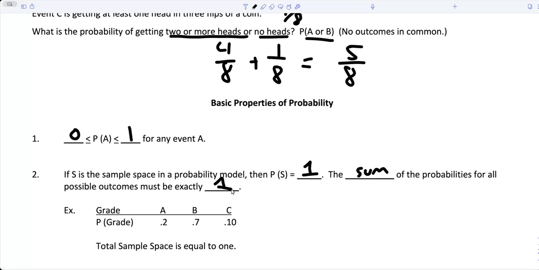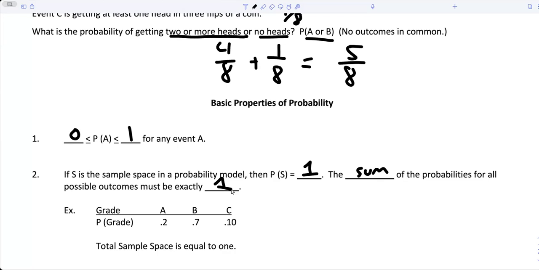Okay, so let's look at this probability model for grades in AP Stats. We have the grades A, B, or C. We have the probabilities associated with it, 0.2, 0.7, 0.1. Nobody fails in here. We're all above average. Okay, is this a legitimate? That was a little funny, right?